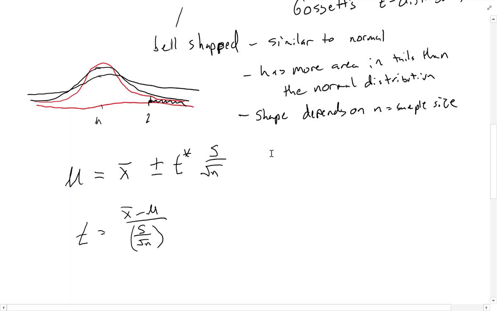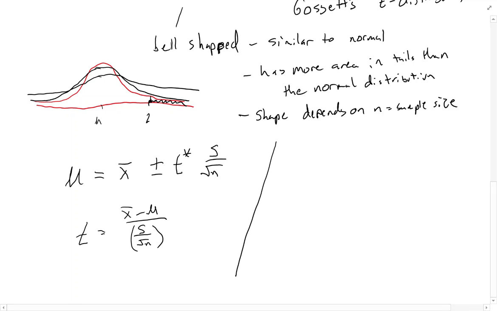Okay, so I hope this helps get the conceptual idea of when you're going to use t procedures versus when you're going to use z procedures, and it all depends upon the standard deviation. If you only have the standard deviation of the sample, we're going to use the t, and you can always calculate the standard deviation of the sample.